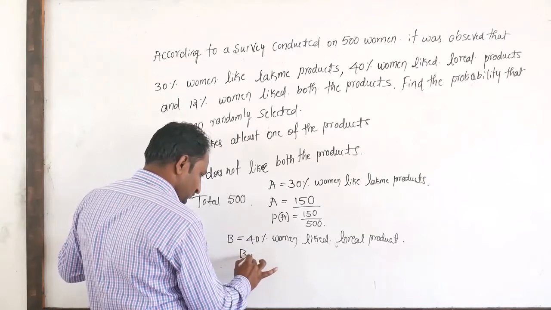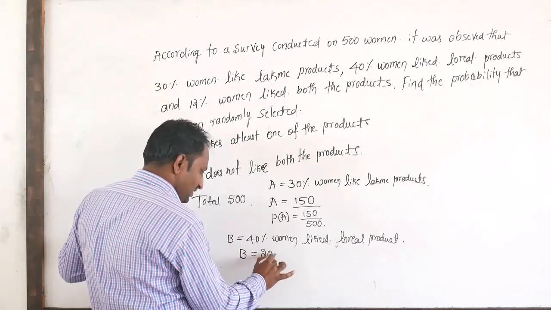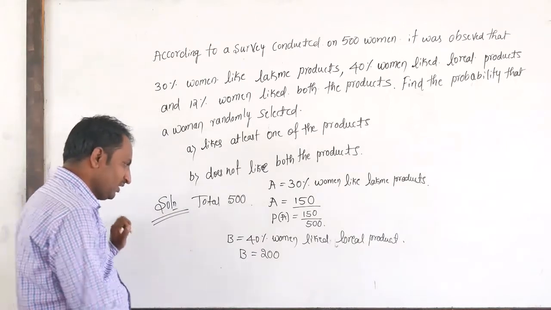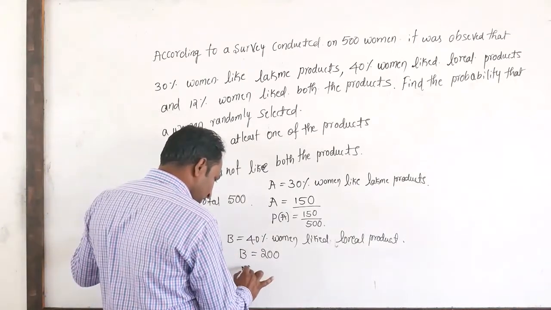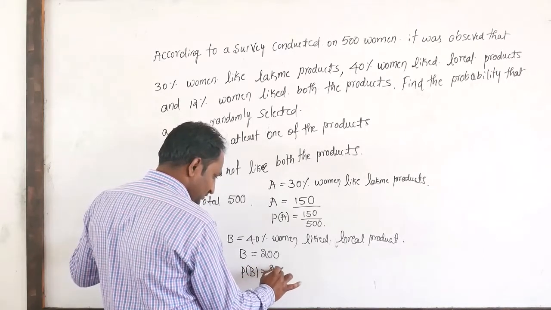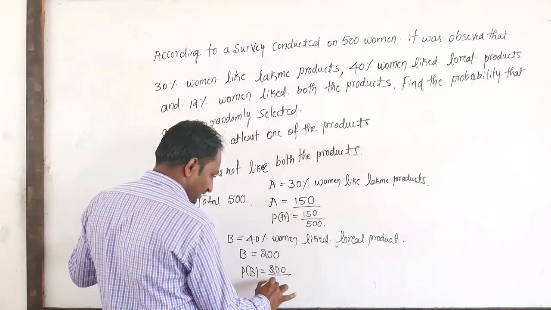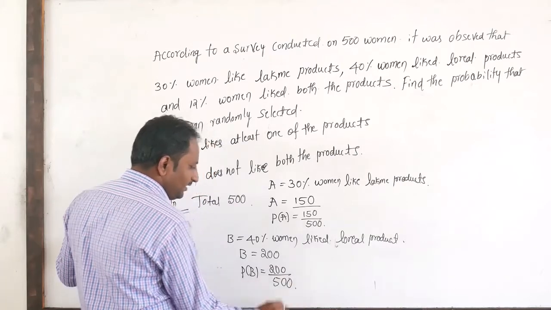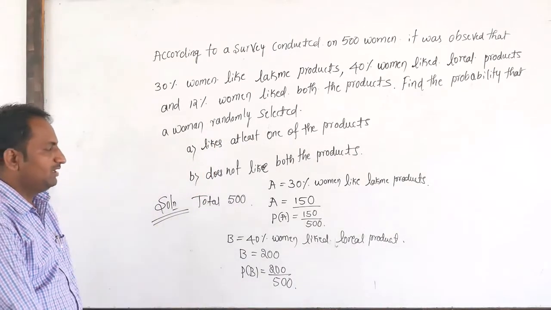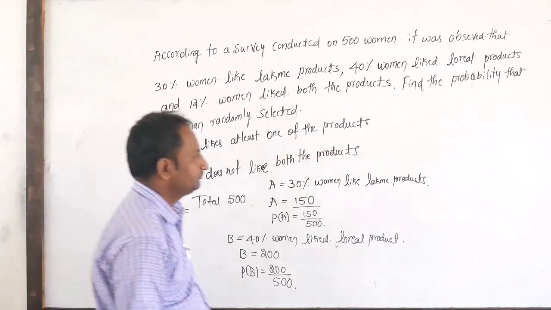B is equal to 200 women who like L'Oreal products. That's why probability of this event B is equal to 200 divided by 500, favorable outcomes divided by total outcomes belonging to that one.